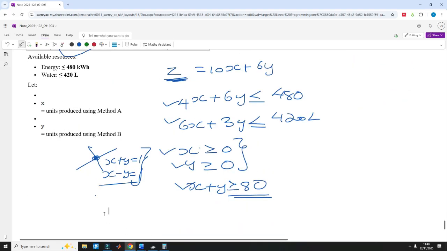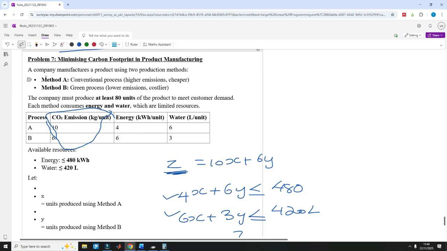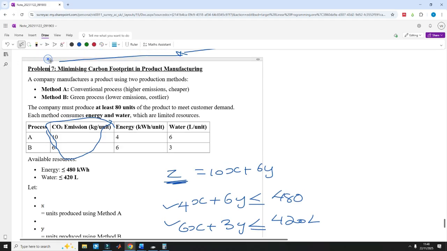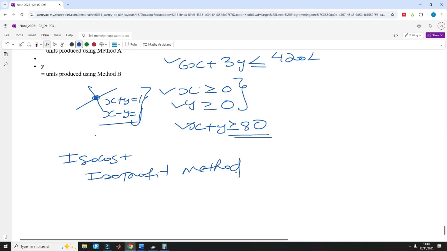So it should be enough for this moment. In the next video, maybe we can solve, for example, problem 7, the same problem, but instead of the corner point method, we can use another method which is called the isocost or isoprofit method.